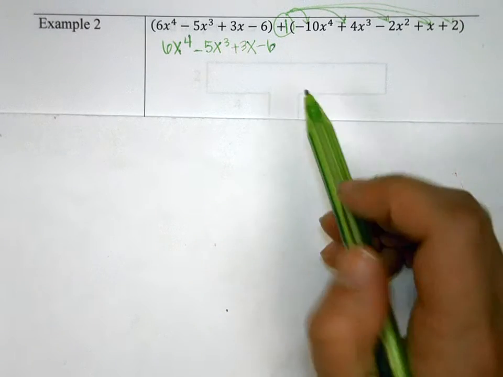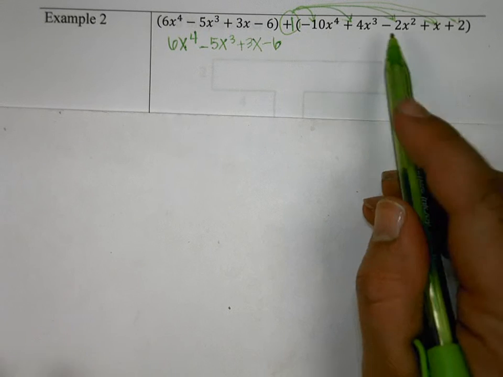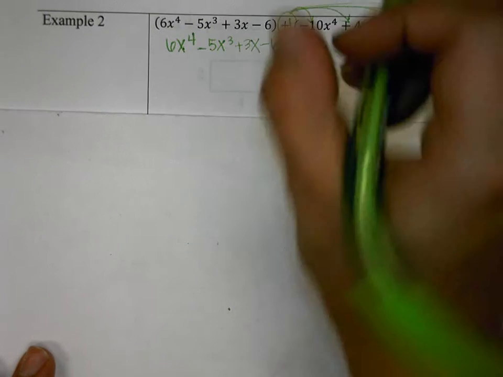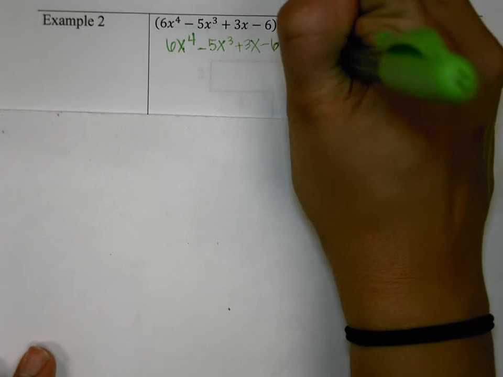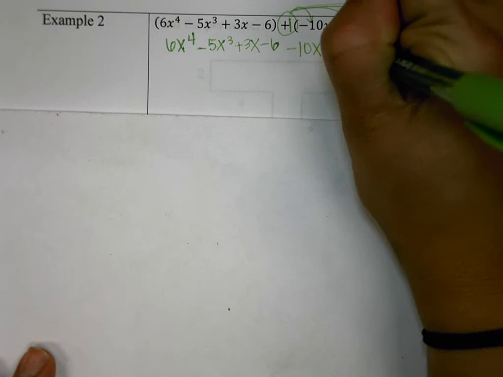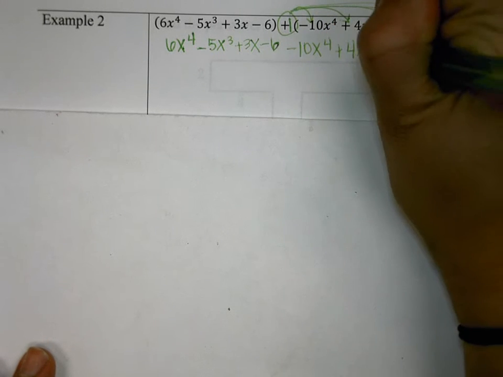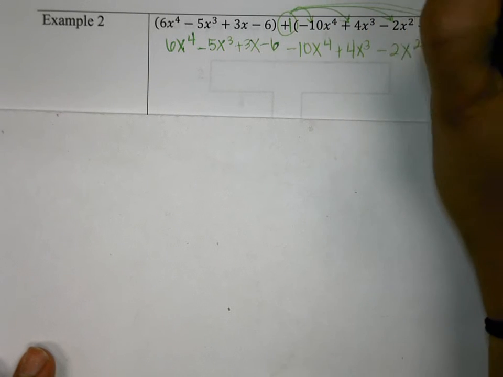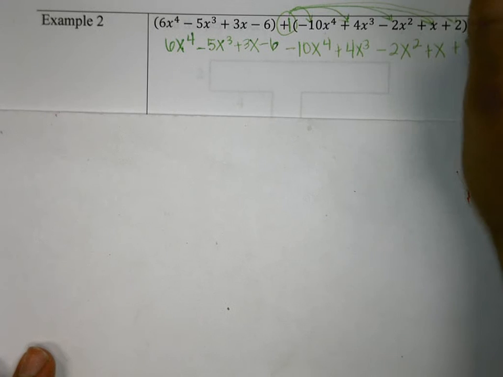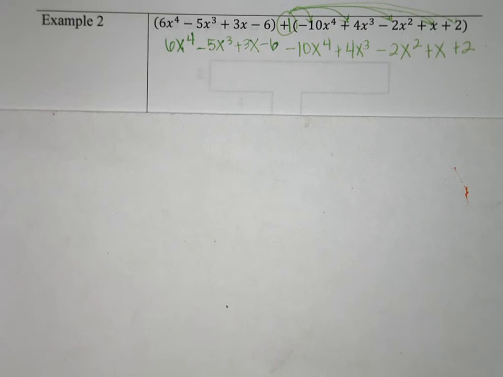And whenever I multiply anything by positive 1, nothing changes. So we have minus 10x to the 4th plus 4x to the 3rd minus 2x squared plus x plus 2. So now I can combine like terms.